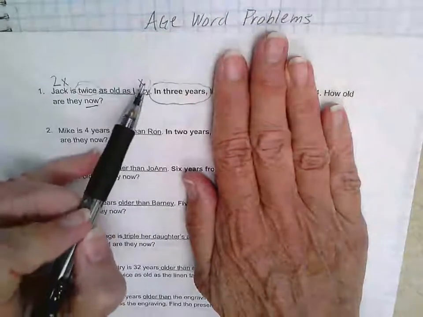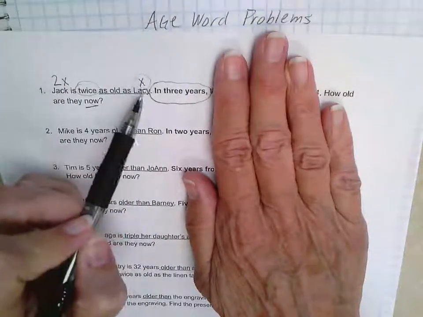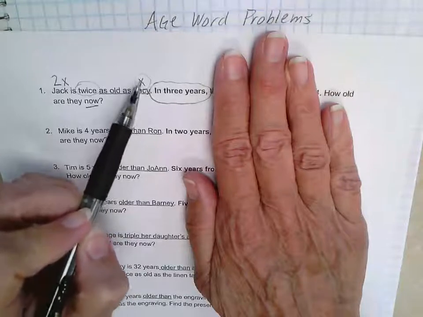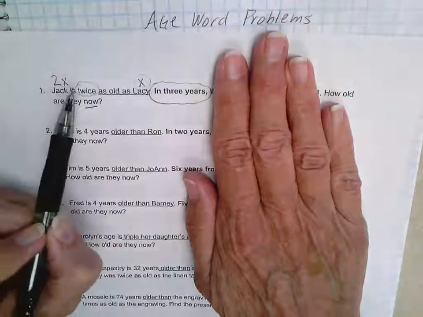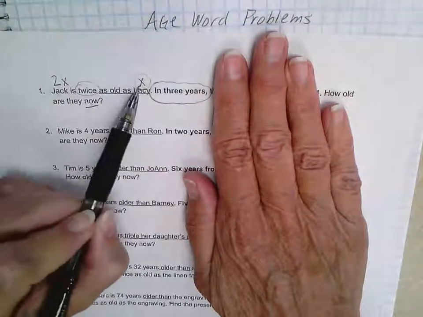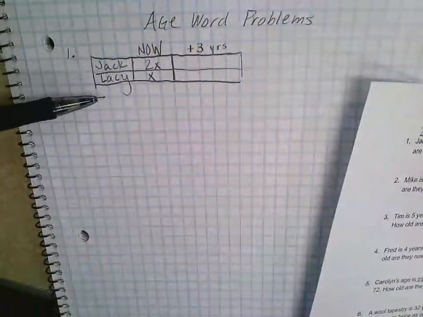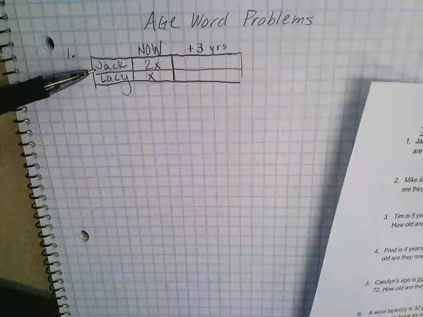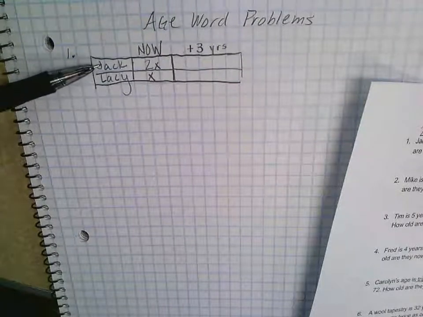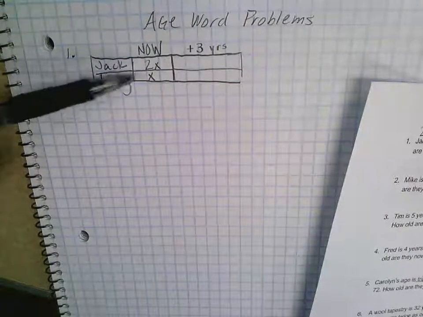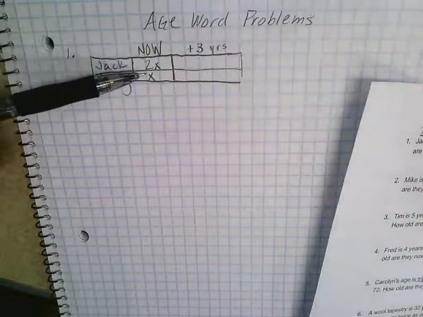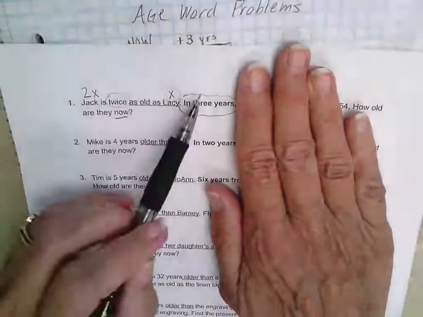So my first step is to identify which person or item is the X, and then relate the other person in terms of X. My second step is to set up my graphic organizer with the people's names and what I know about them now. And then I'm going to look at their ages in 3 years.